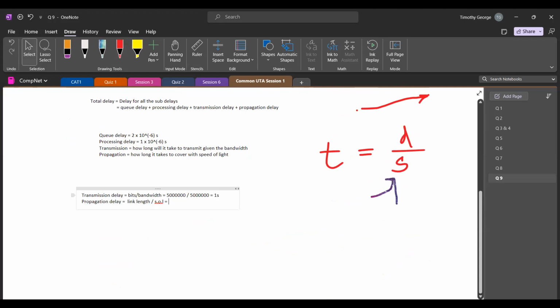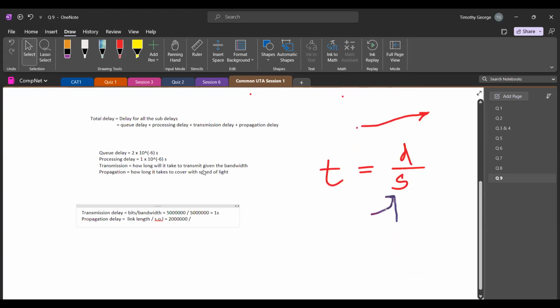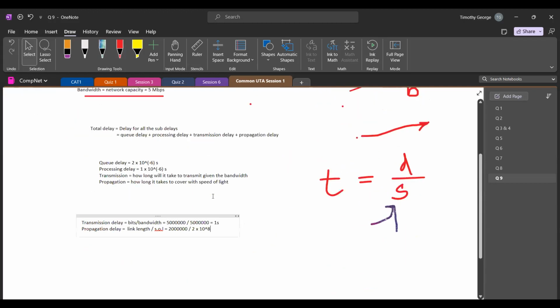So length we are given, 2000 kilometers. So it's 2000 and three more zeros divided by speed of light. Speed of light was given as 2 times 10 raised to 8. Yeah, 8.